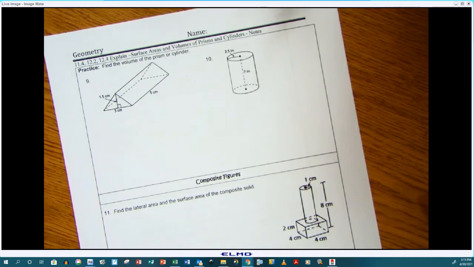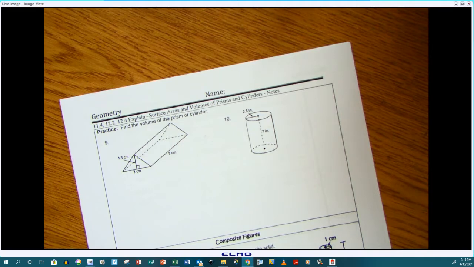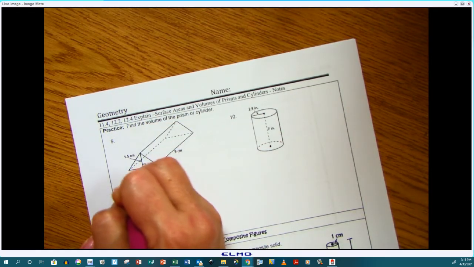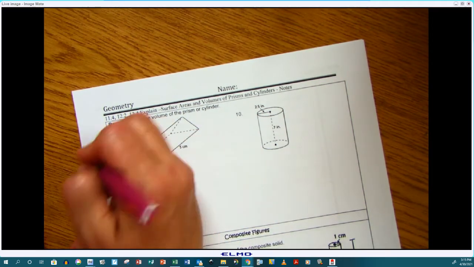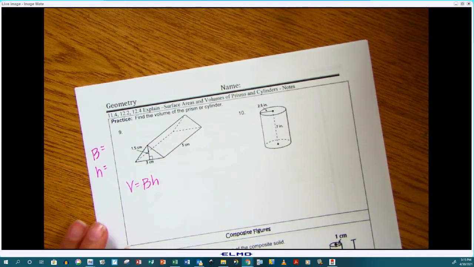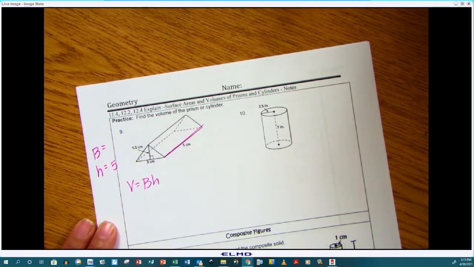All right, here it just says to find the volume. So all we're going to do is find the volume. So we don't have to worry about perimeter when you're doing volume because all it needs is the area of the base and the height. So BH is all you need when you're doing volume. H is the distance between, so that's going to be 5.